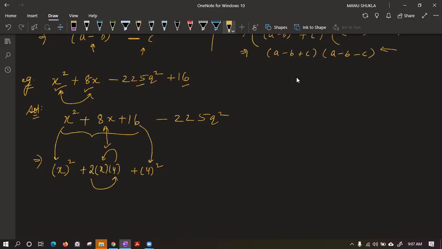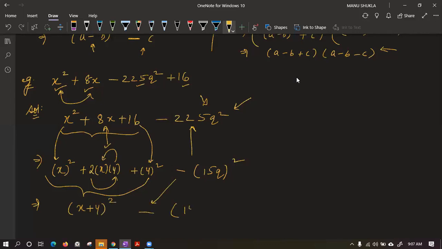And this 225 q square must have come from 15q square. Now we can write this as x plus 4 whole square, then a minus sign, 15q square. Now tell me class, is this the final answer?